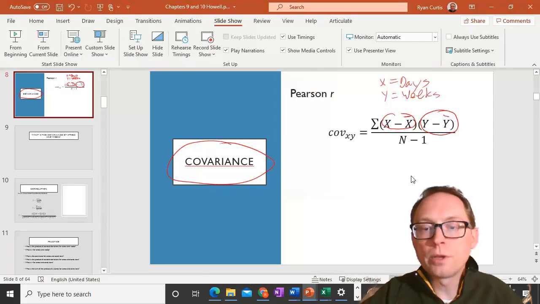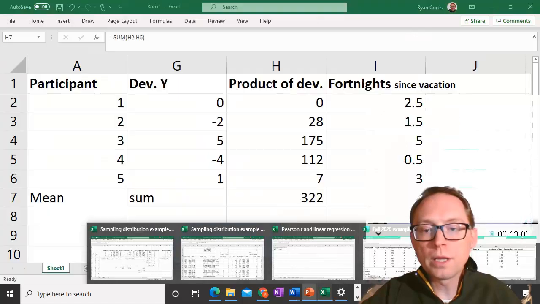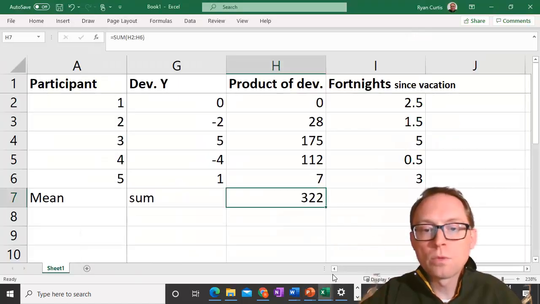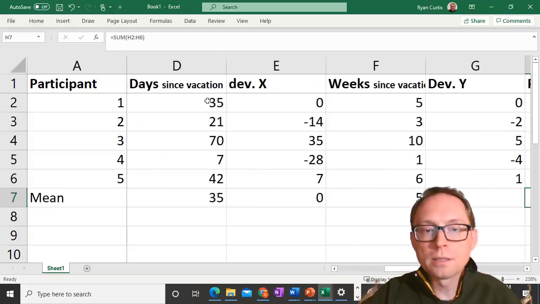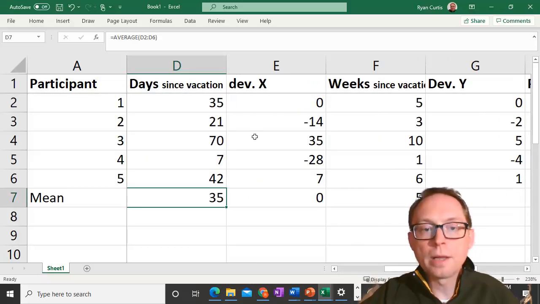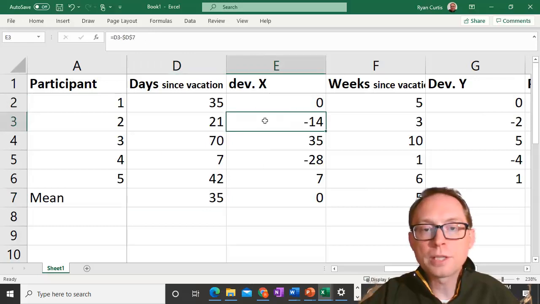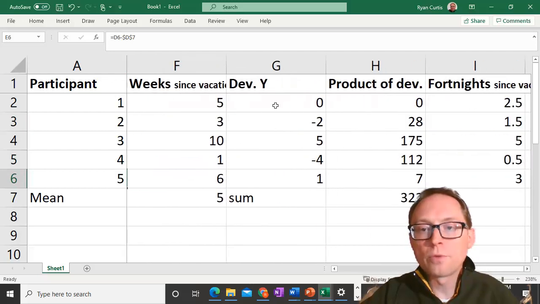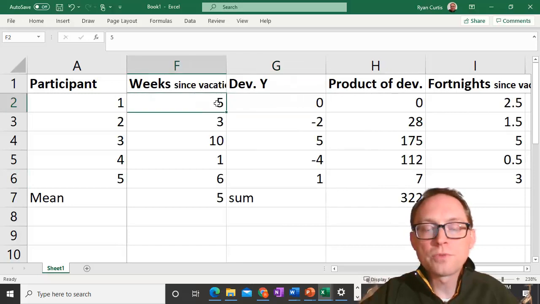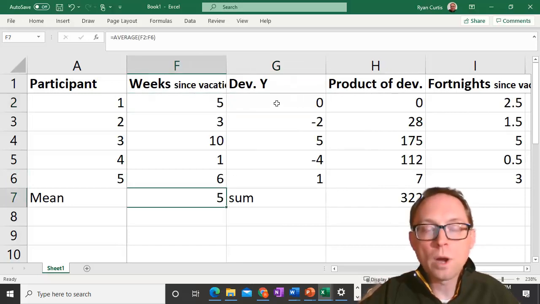Covariance is going to be, first we take the deviation, x minus x bar times y minus y bar, and then we add them all up. So what we did was we took the number of days as x, so x minus x bar for each person, so that's what these deviations are. Those are all the deviations of x, and for weeks, here are the deviations for y, y minus y bar.